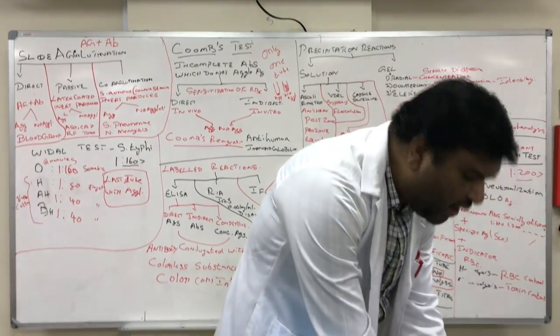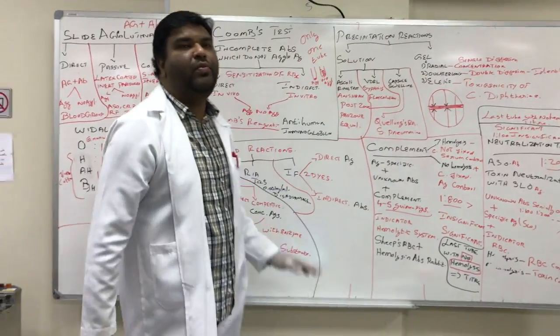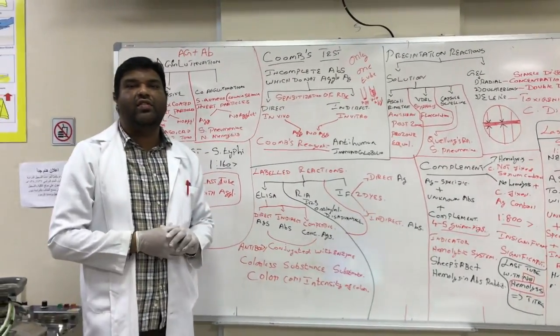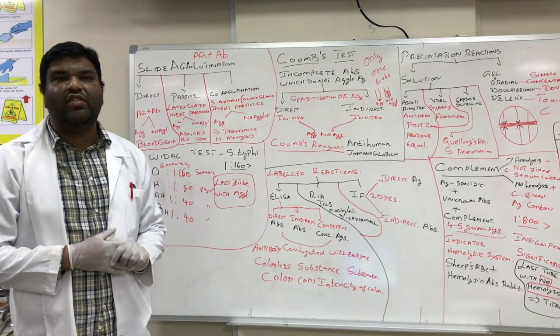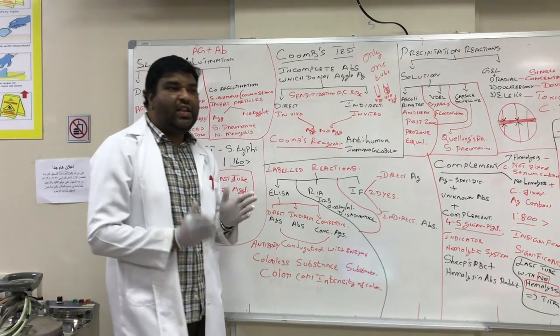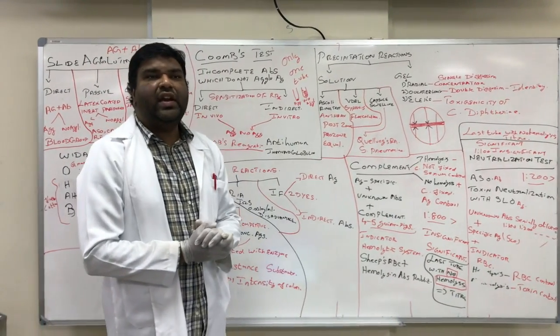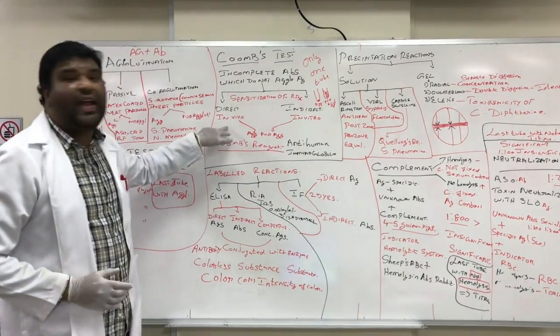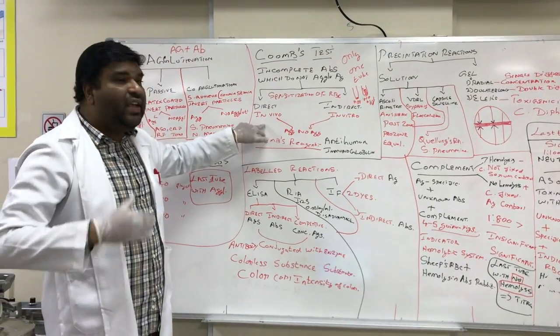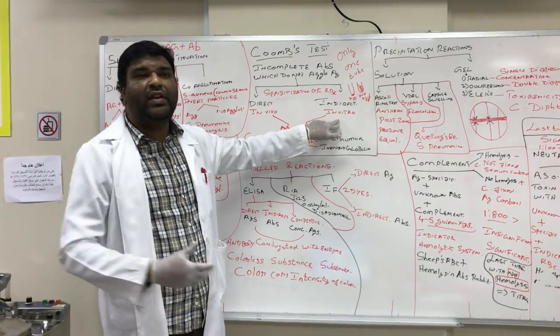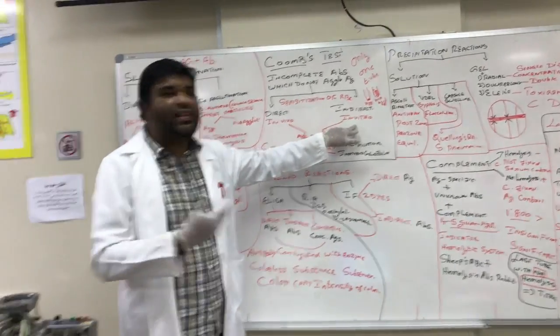How to identify which type of Coombs test it is depends upon the scenarios. The three scenarios I have given for the direct as well as the three scenarios I have given for the indirect. Anything regarding reactions is for the direct. Anything which has to be done before performing, before introducing anything, is indirect.